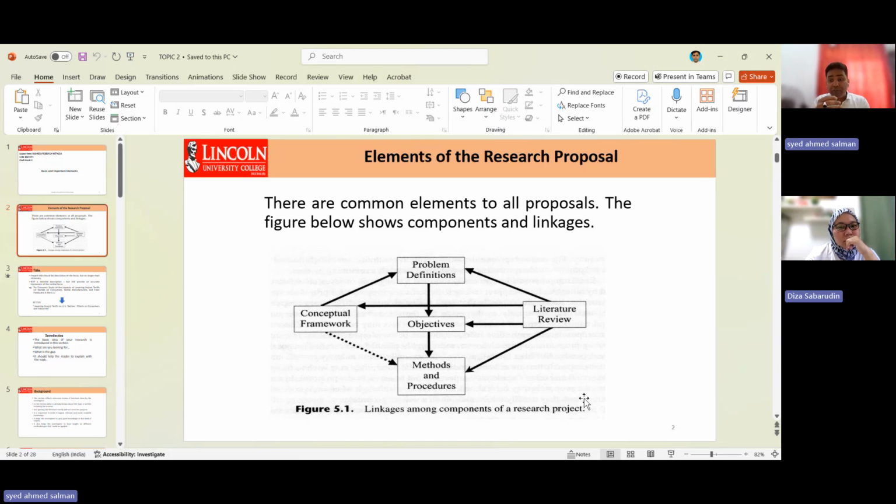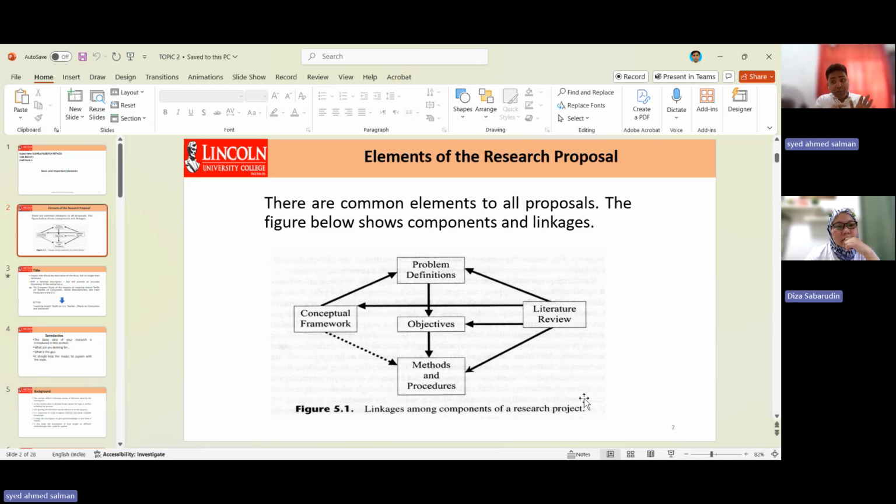You are going to develop the research objectives based on the problem statement. You are going to examine the impact of social media on academic performance in private universities. And you are developing two, three, or four objectives based on this problem statement and the literature review.